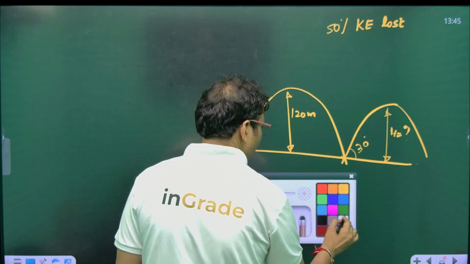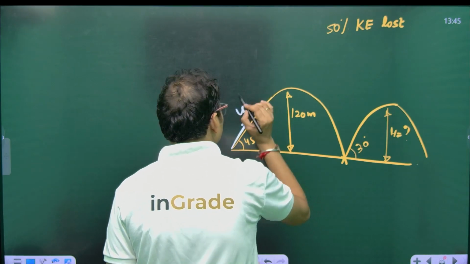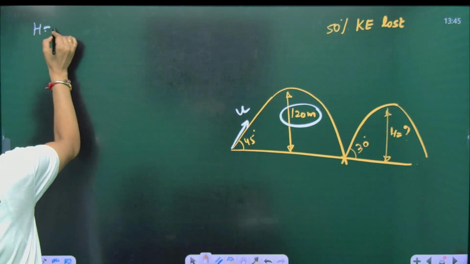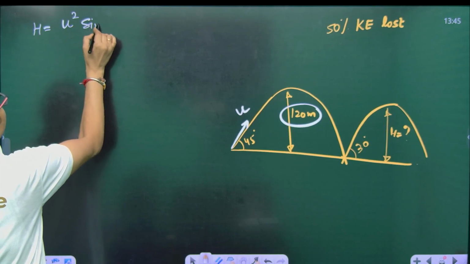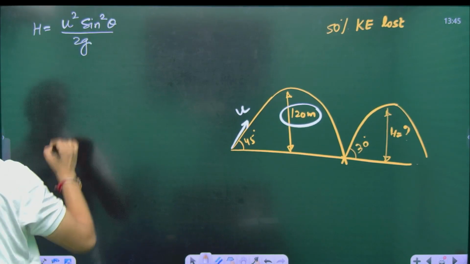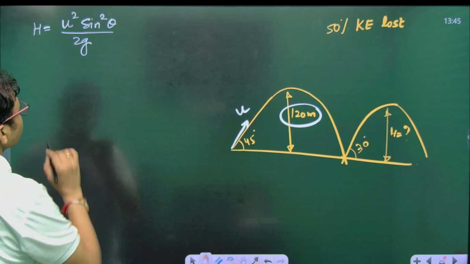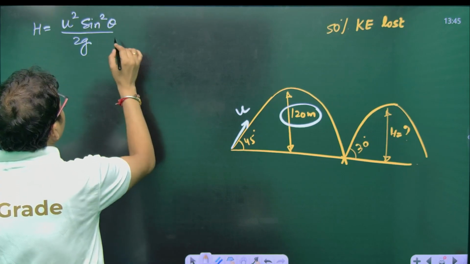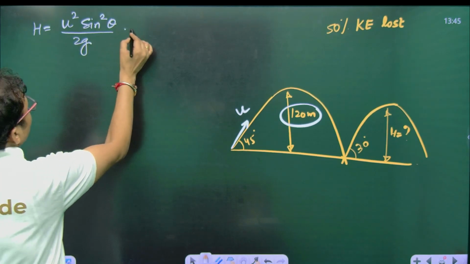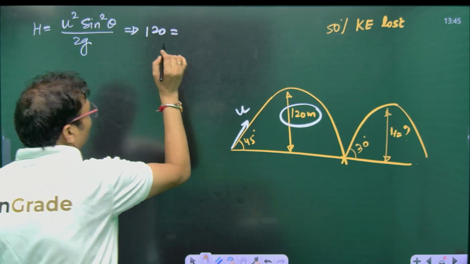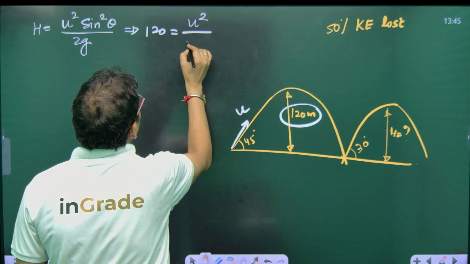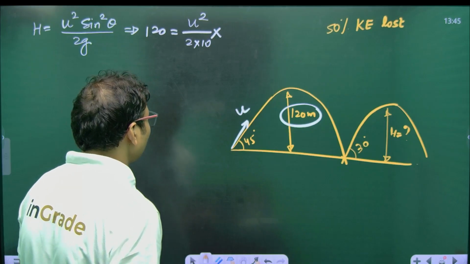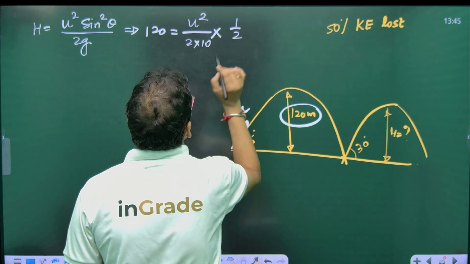If we assume the initial velocity of the particle as u, this is the maximum height. So we can say h is equal to u square sin square theta by 2g, isn't it? So 120 is equal to u square upon 2 into 10 into sin square theta; sin 45 is 1 by root 2, so it will become 1 by 2.